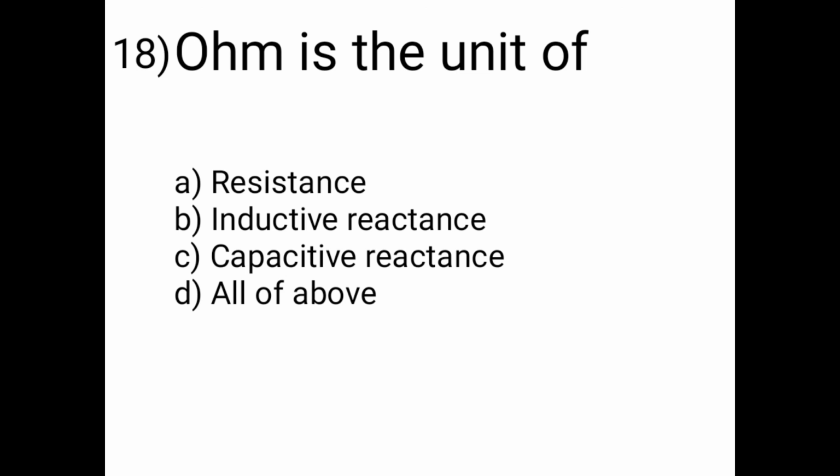Options are A is resistance, B is inductive reactance, C is capacitive reactance and D is all of the above. So our answer is option D, all of the above. Capacitive and inductive reactance are types of reactance, so resistance, inductive reactance and capacitive reactance all have the unit ohm.